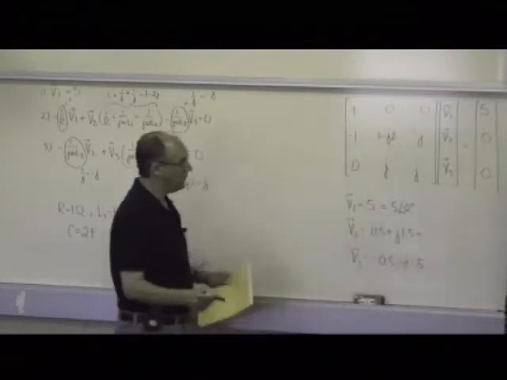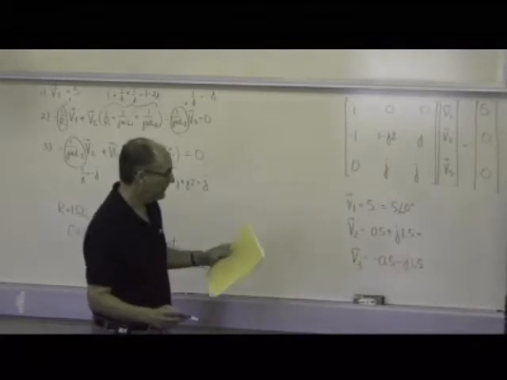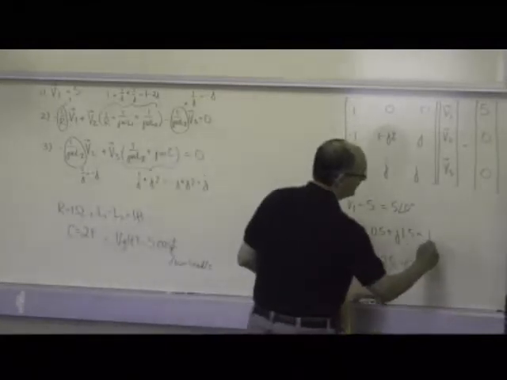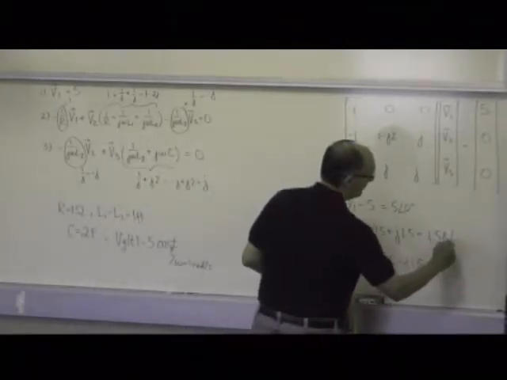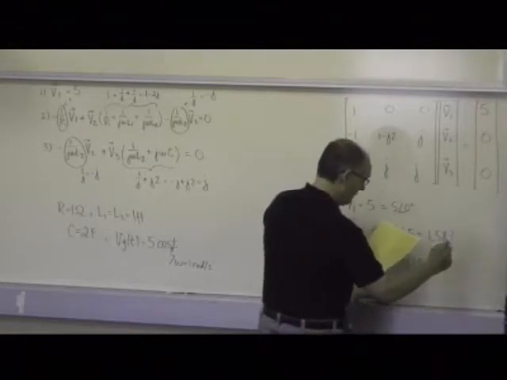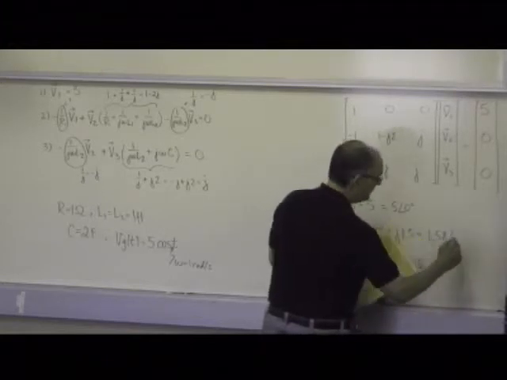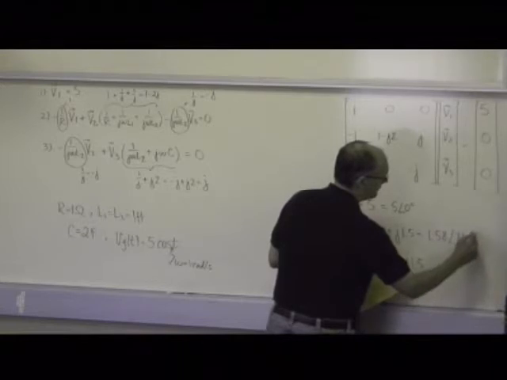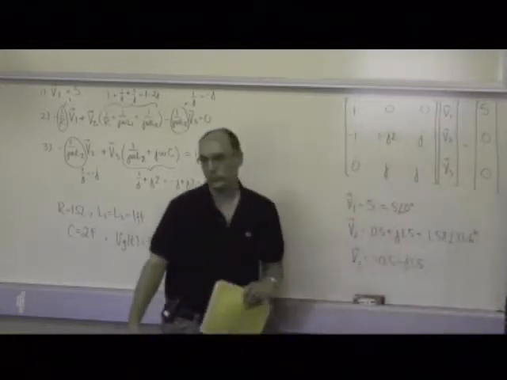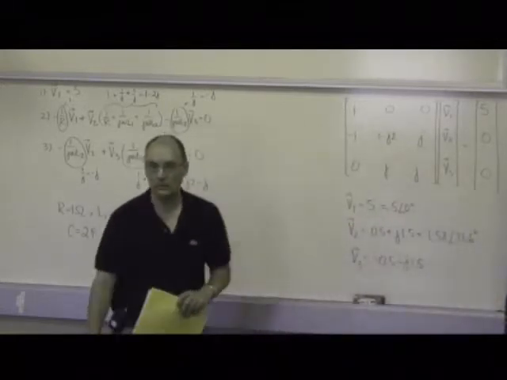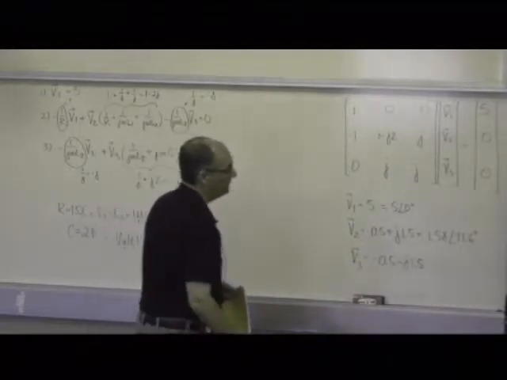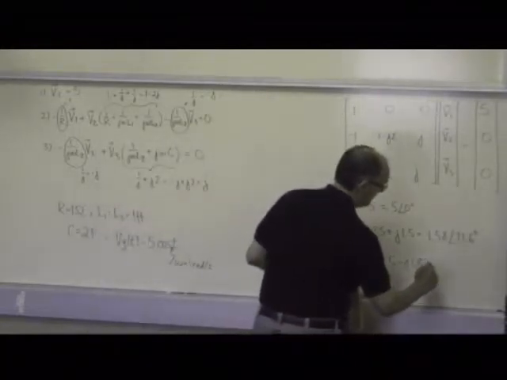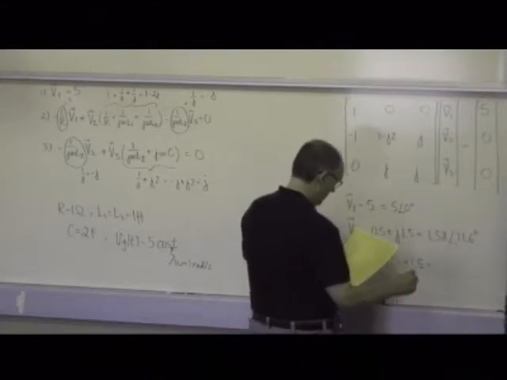Here, when you convert, you get magnitude equal to 1.58. The angle is 71.6 degrees. And you really don't have to be that precise. I just copied how that gave it. 72 would be okay in my book.